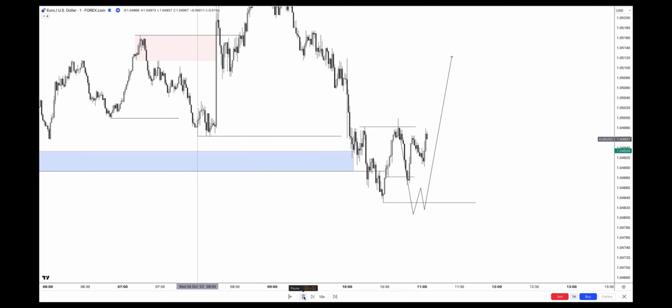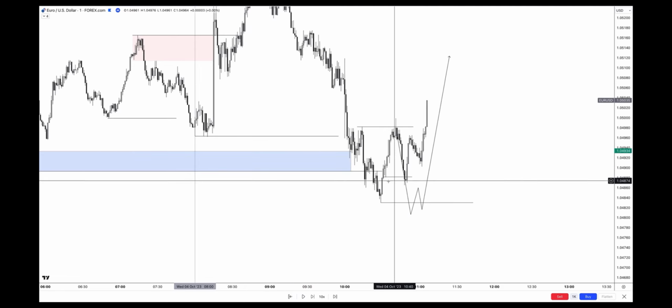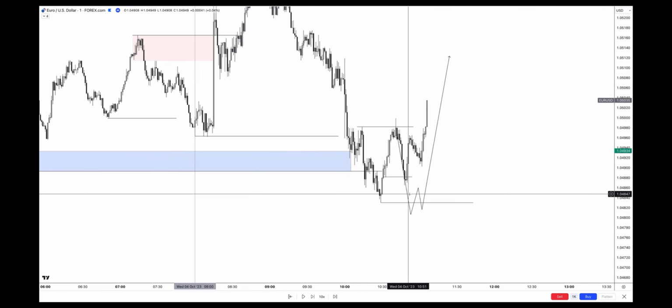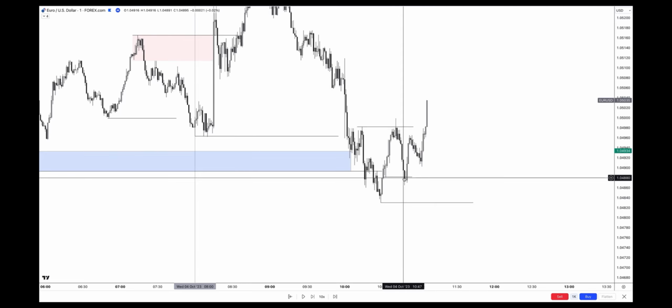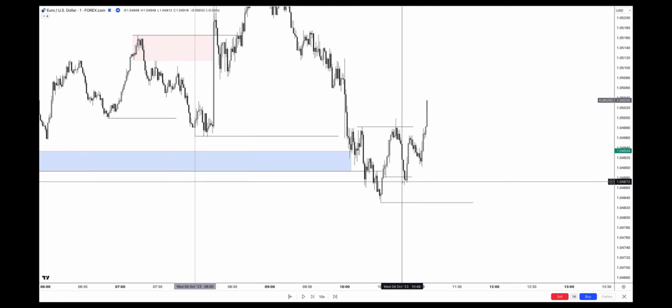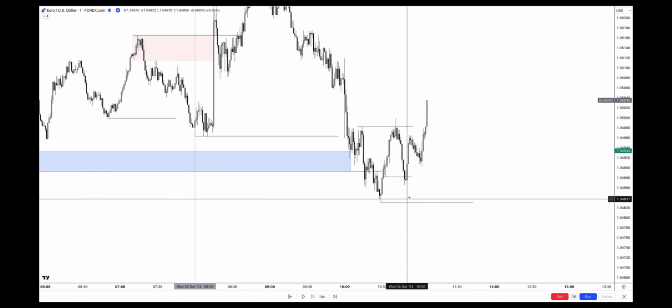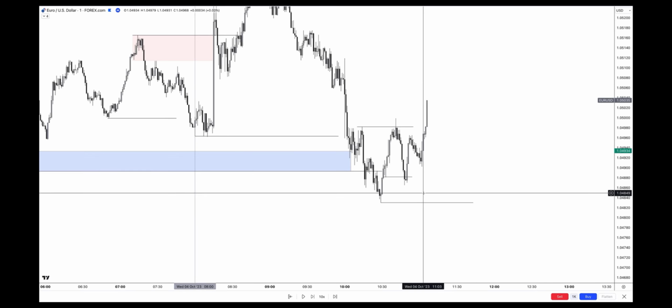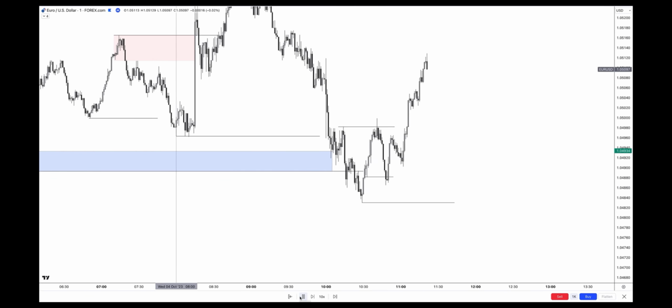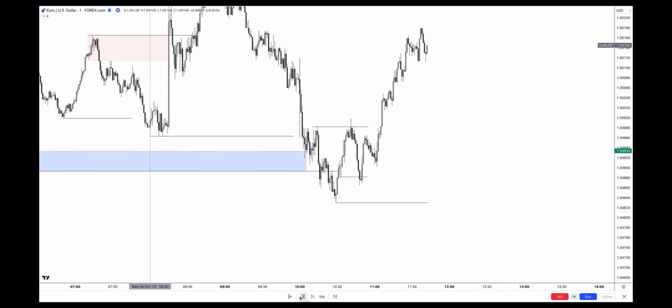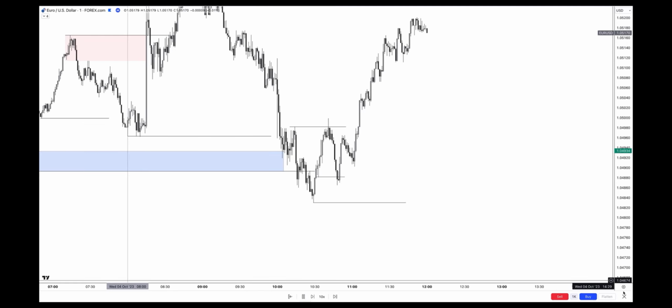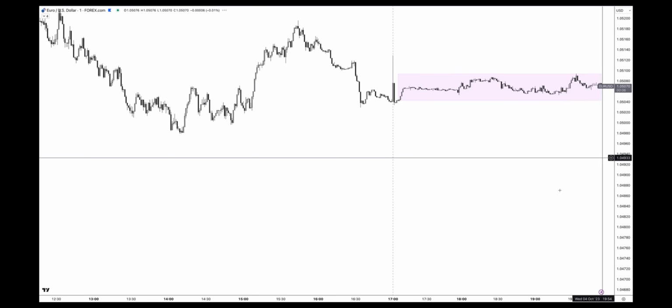So I know this pullback mitigated a 5-minute liquidity block here, which I wasn't willing to take the risk of us respecting it, going up, and then selling off, taking the lows. That's what I thought was going to happen initially. Unfortunately, it didn't, and it just ran away. But yeah, that was my thought process behind that. Unfortunate, but it is what it is. It happens. The market's not always going to be perfect.